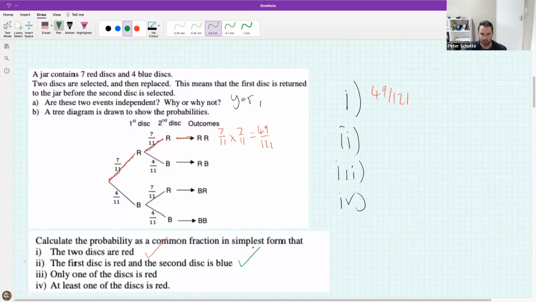Let's try the next one. And if there are any questions, pop your hand up, and we can discuss what the next one is. Otherwise, keep going and do all 4.